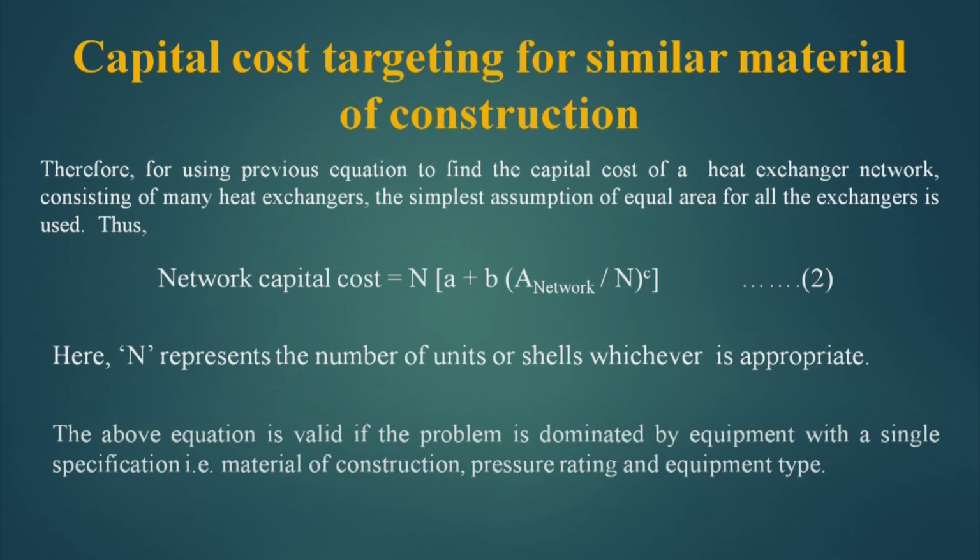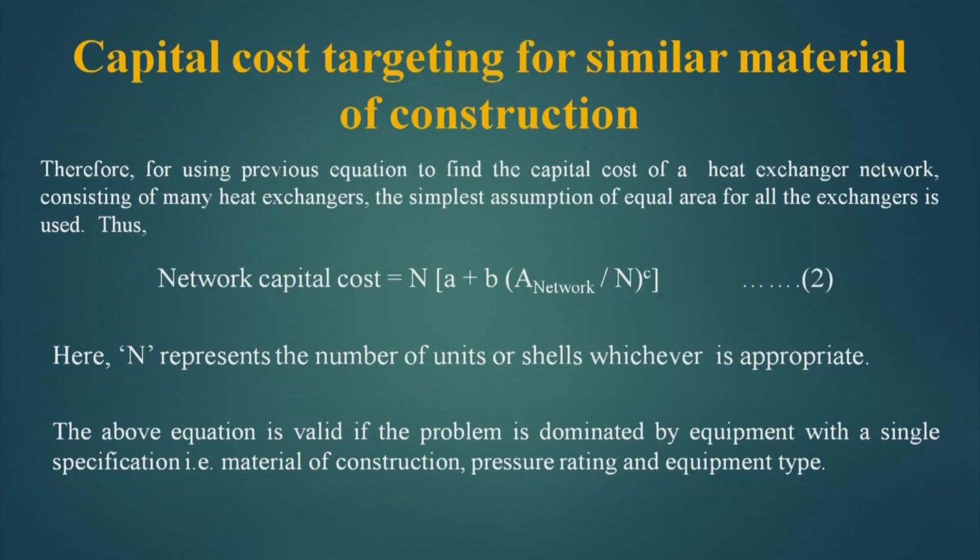They will have different areas, and hence this many a time creates a problem in capital cost targeting, because the equation which we have used, a plus b A to the power c, works well in a narrow range of area. Therefore, in using the previous equation to find the capital cost of a heat exchanger network consisting of many heat exchangers, the assumption is taken of equal area of all the heat exchangers.